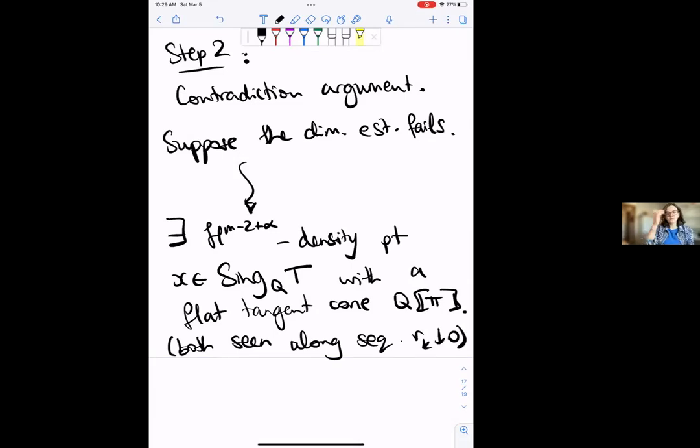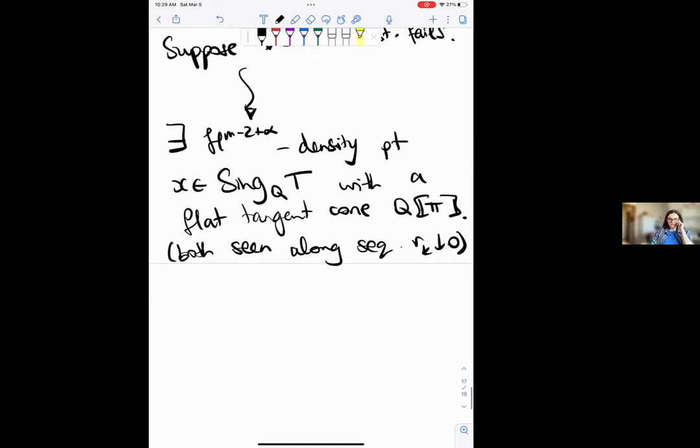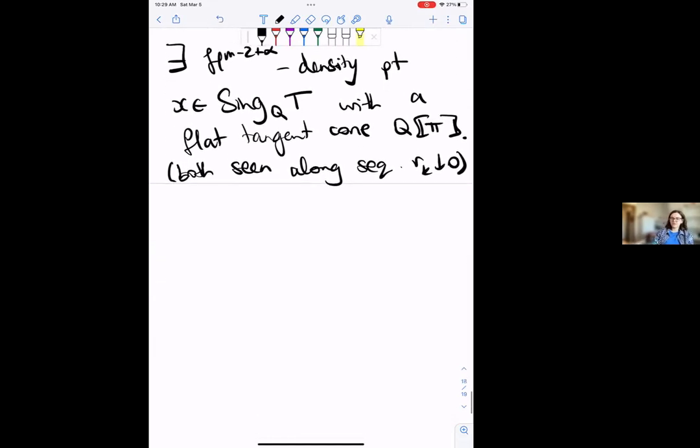Right, and now we want to use these two things to get our contradiction. We want to approximate our surface, our m-dimensional area minimizer, by graphs. And these graphs have to be multiple valued.